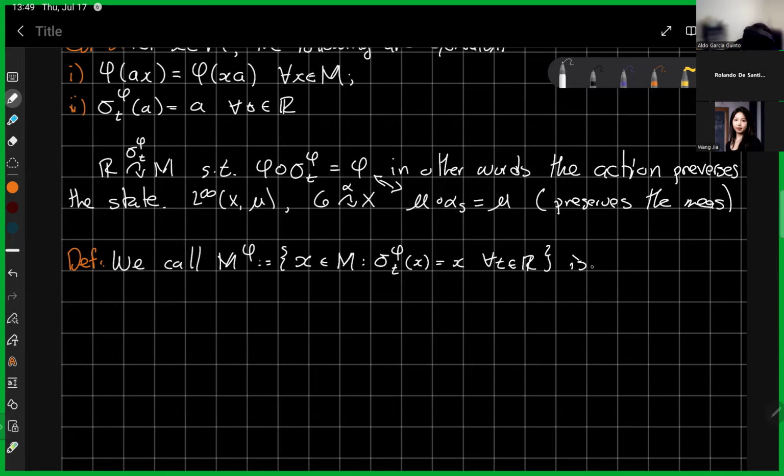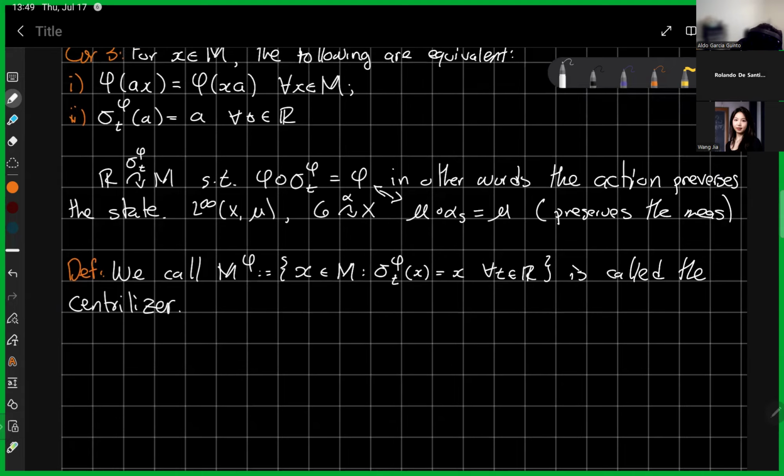This is called the centralizer. And by the above equation here, note that, well, first note that this is a von Neumann algebra.